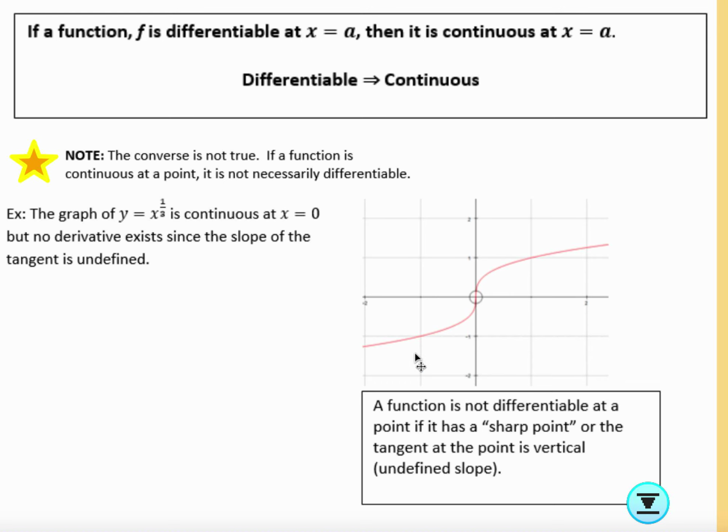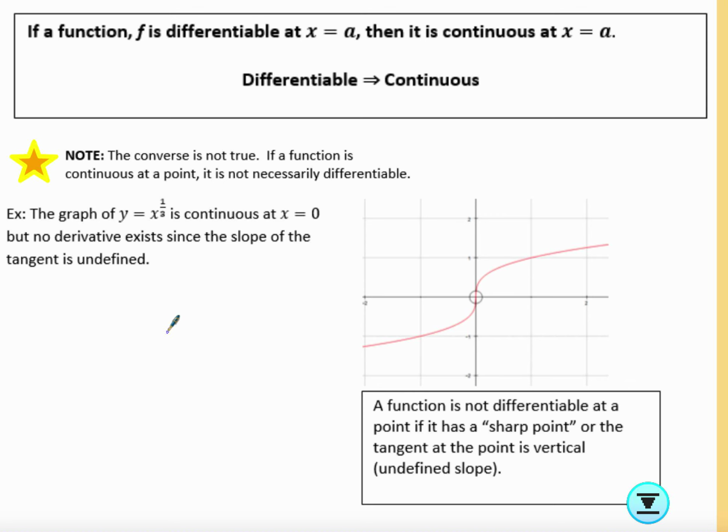So let's take this continuous function. This is y is equal to x to the 1/3 power. This is a continuous function. I can graph it without picking up my pencil. I can take the limit as x approaches 0, and in both directions, they're both going to go to 0. If we substitute in 0, we get the same result out as the limits.